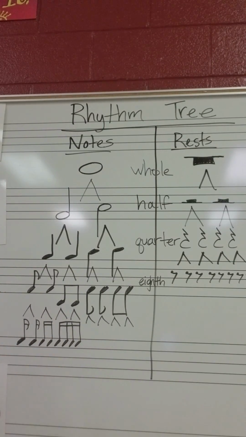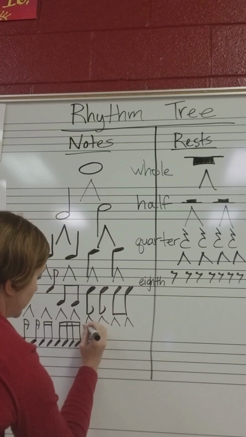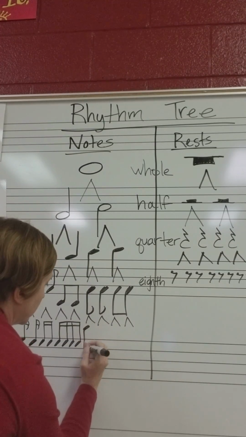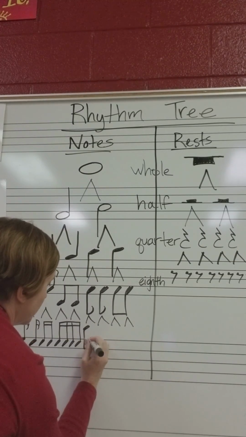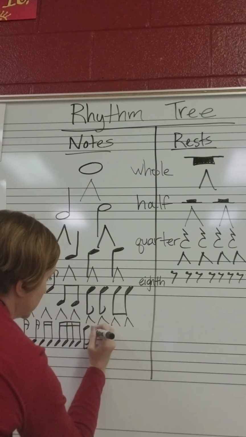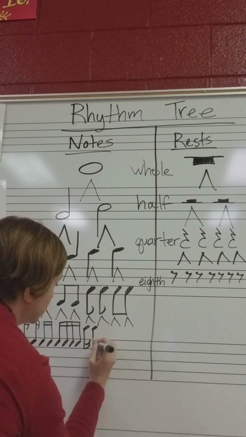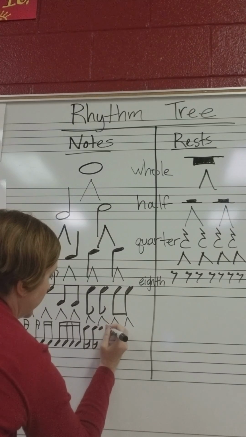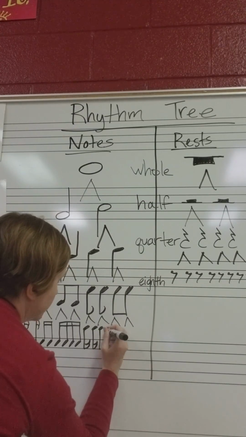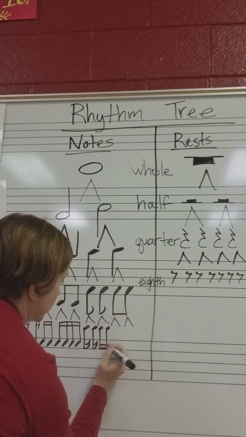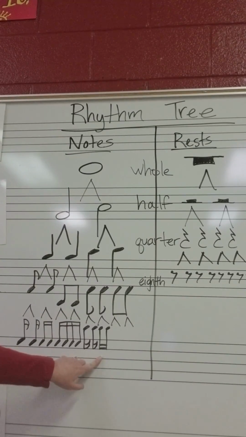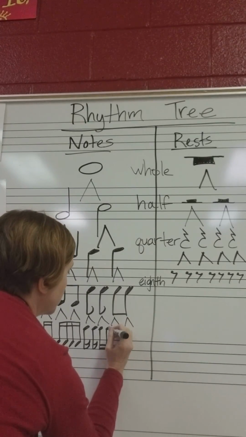So all of these are 16ths. With the stem going down, you're still going to have the double flag flying to the right. So here we've got our singles, and then here we're going to pair them up as doubles, and then we're going to do a group of 4.